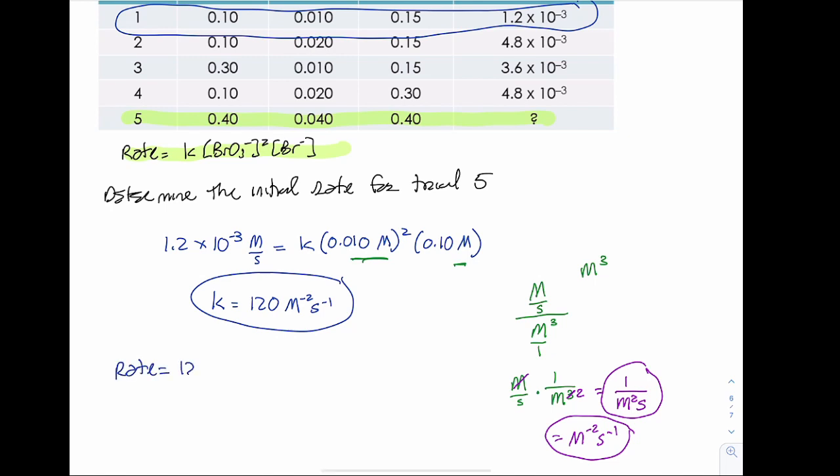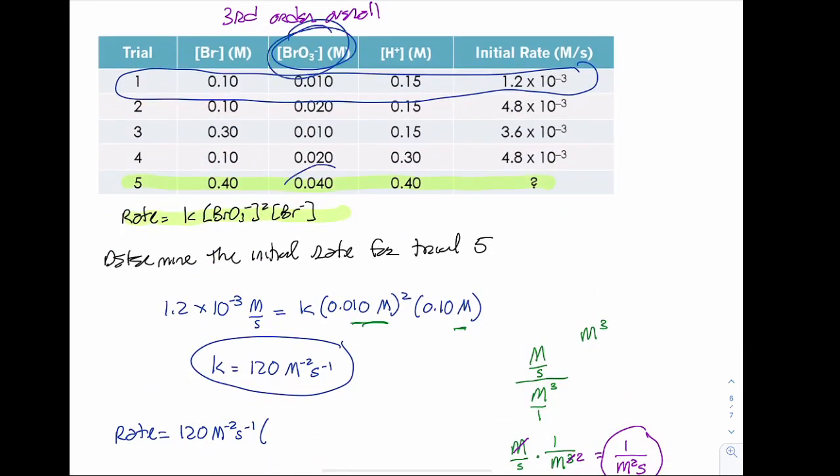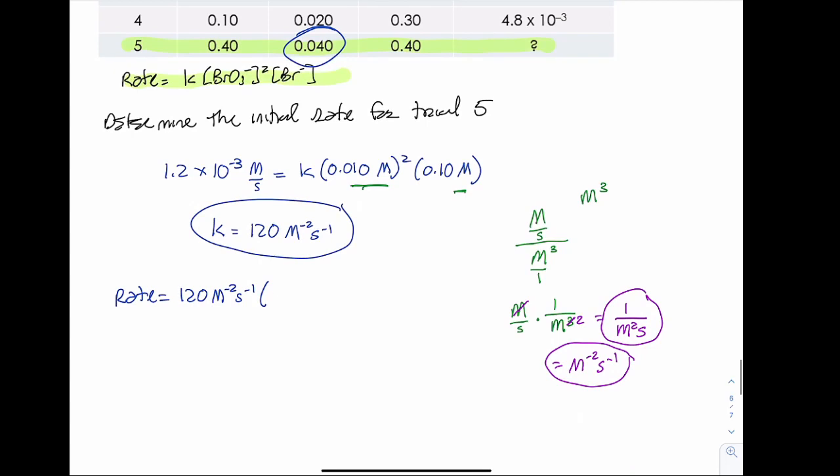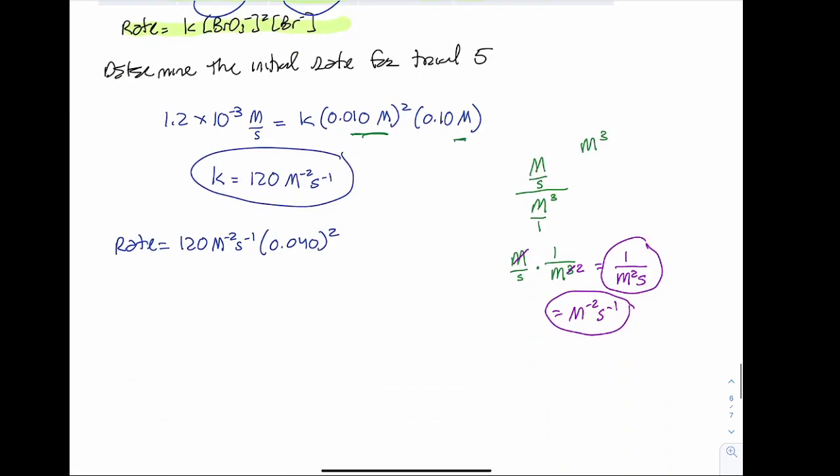My rate constant, 120 molar to the -2 seconds to the -1, multiplied by my concentration of bromate, which is 0.04. We're going to square that, right, because it's second order with respect to bromate, multiplied by my concentration of bromide, which is 0.40. And that's raised to the first power.